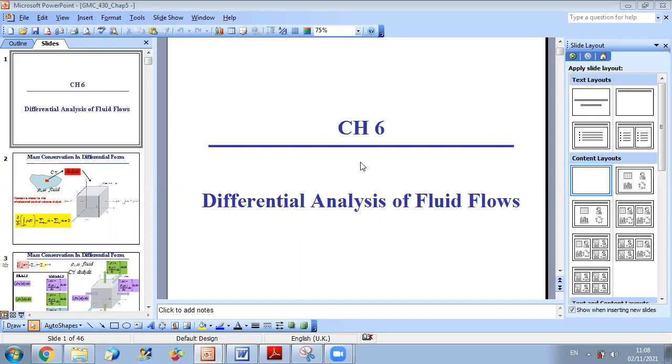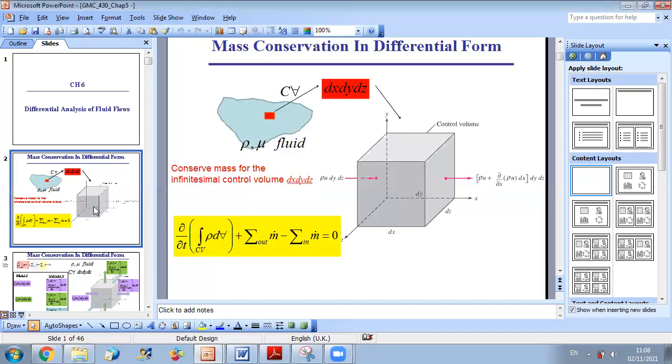Now it's similar as a concept, but instead of applying it to a big control volume on a macro scale, we will apply it on a micro scale. So the only difference now is that the control volume of interest will be very small. In this case, we say that we will deal with the conservation equations in differential form.